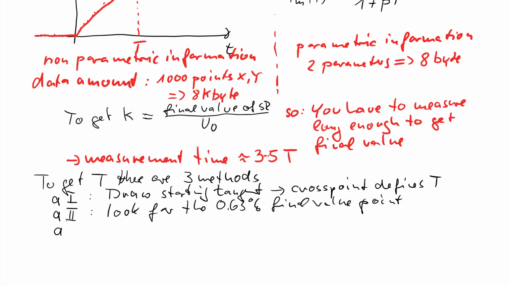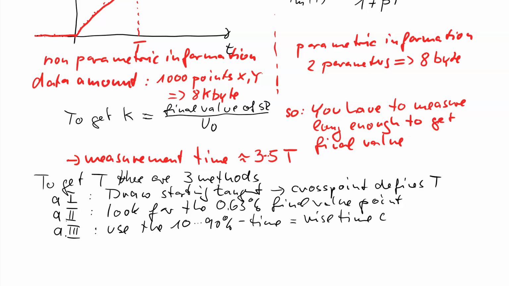Then there is a third method. Use, we call this 10 to 90% time. What is this? This is called the rise time.